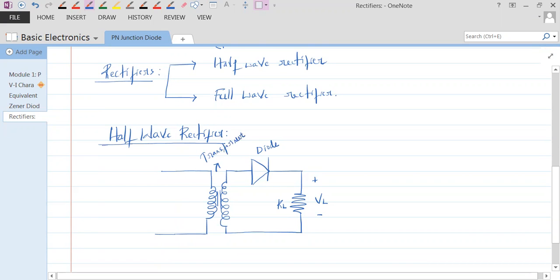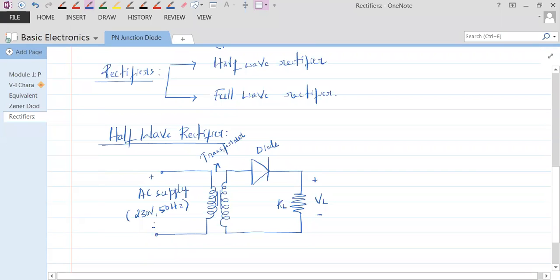And the input to the transformer is actually AC supply. Where do you find this AC supply? In power boards. So that is 230 volts, 50 hertz supply. Understand this? Now this is the half wave rectifier.